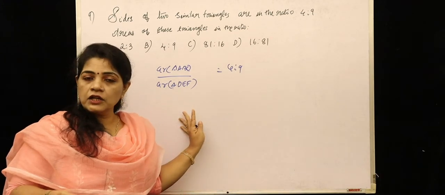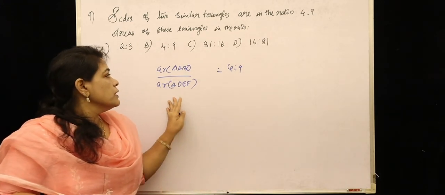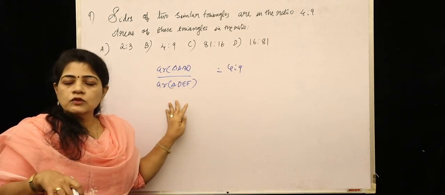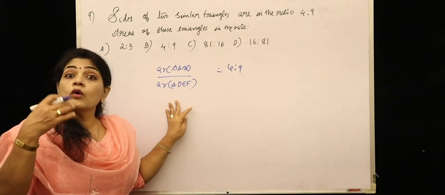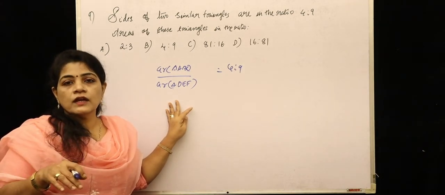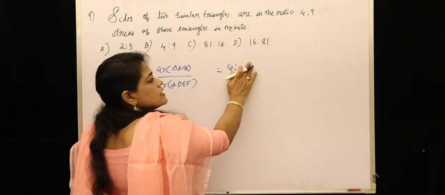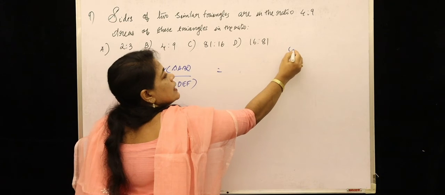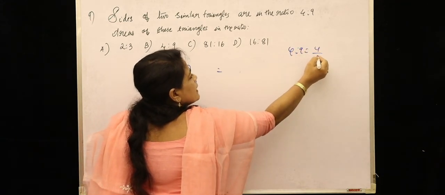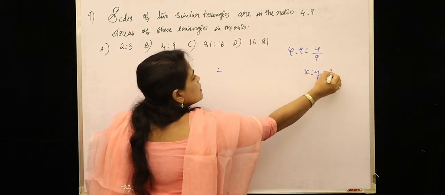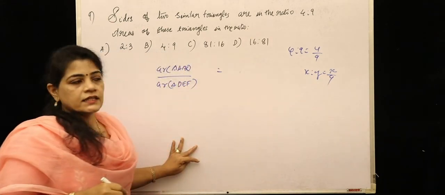And by the area ratio theorem, the ratio between the areas of two similar triangles is equal to the square of the ratio of their corresponding sides. 4:9 is equal to 4/9, because x is to y is x by y.